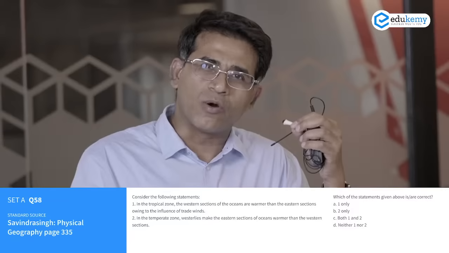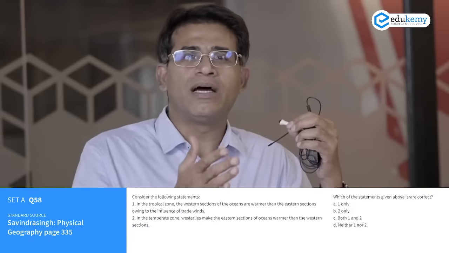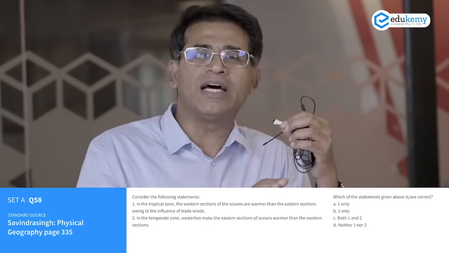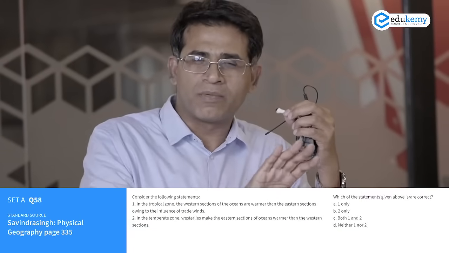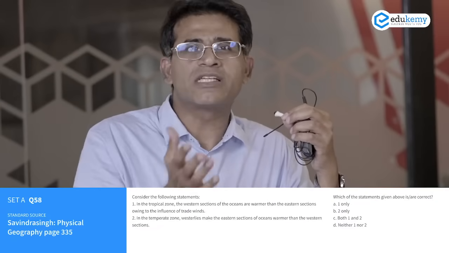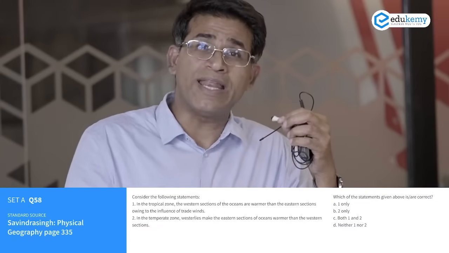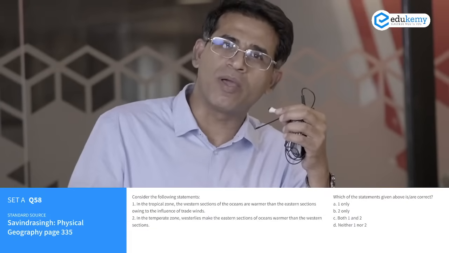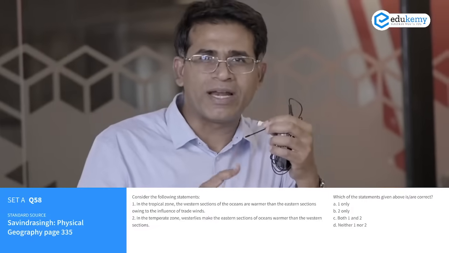We're talking about Angola, we're talking about the waters along Namibia, we're talking about the waters along the Sahara desert coast, the countries like Senegal, like Morocco. This is a straight question. Eastern waters do have upwelling, they also have cold currents. I think you know about the Benguela cold current, you know about the Peru cold current. So statement number 1 is right.